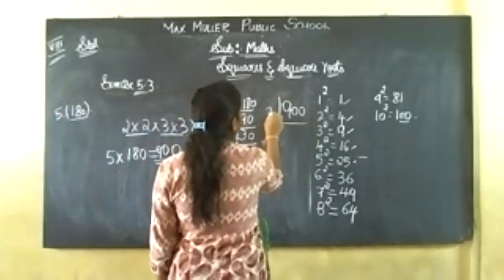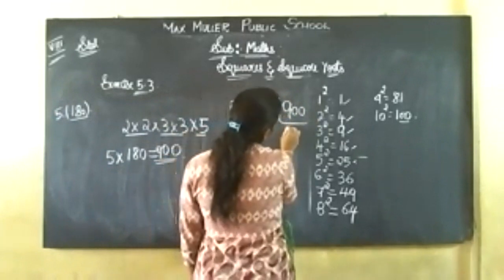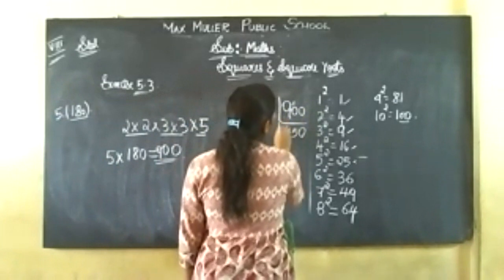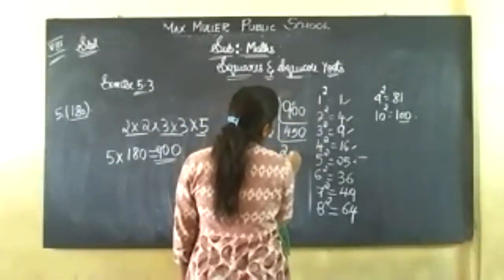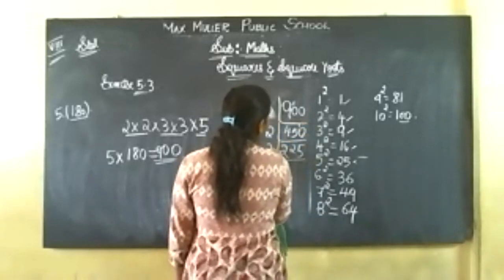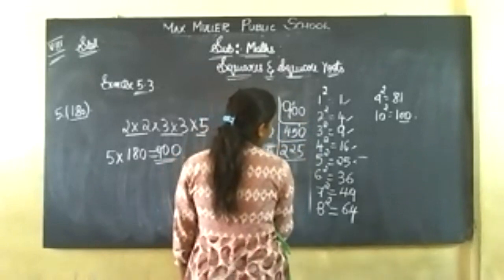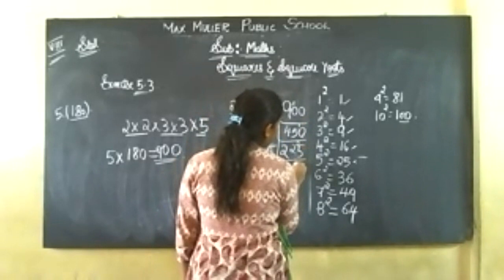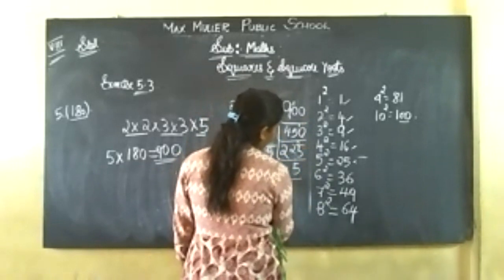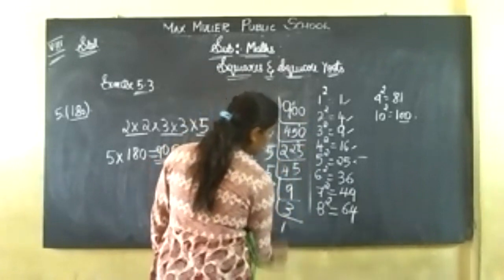2 4s are 8, 1 carry, 2 5s are 10, 0, 2 2s are 4, 2 2s are 4, 1 carry, 2 5s are 10. Again the last digit is 5, so 5 4s are 20, 2 carry, 5 5s are 25, 5 9s are 45, 3 3s are 9, 3 1s are 3.